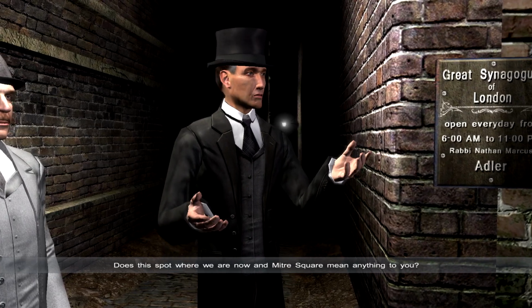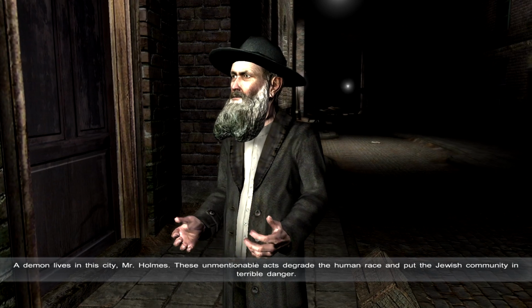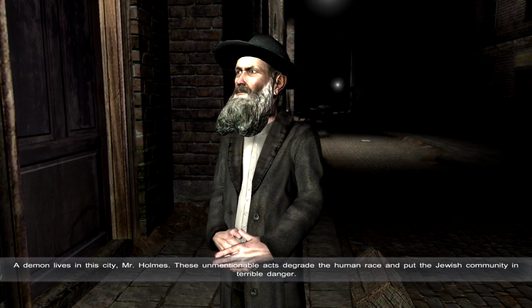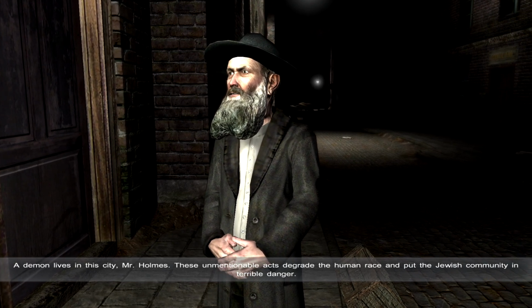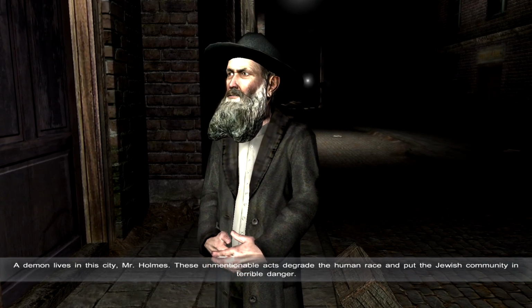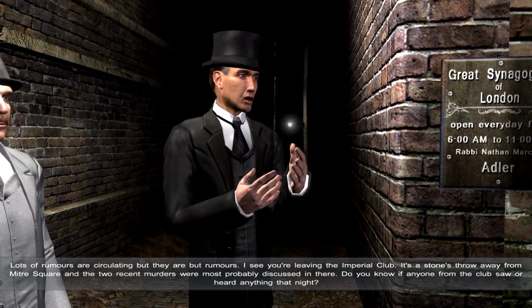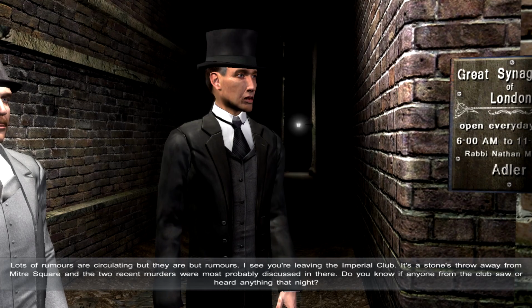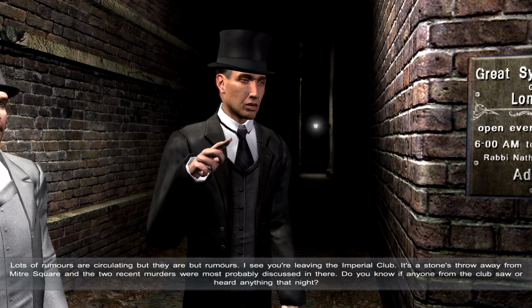Where we are now in Mitre Square, does it mean anything to you? A demon lives in this city, Mr. Holmes. These unmentionable acts degrade the human race and put the Jewish community in terrible danger. Lots of rumours are circulating, but they are but rumours. I see you're leaving the Imperial Club. It's a stone's throw away from Mitre Square, and the 2 recent murders were most probably discussed in there.